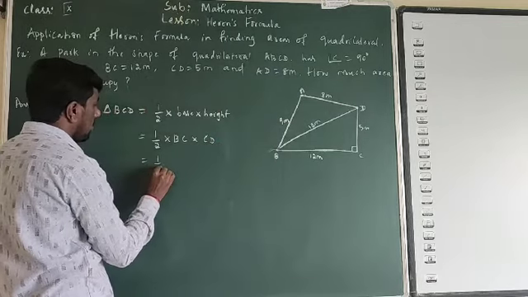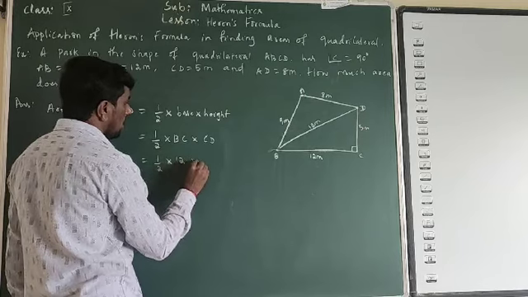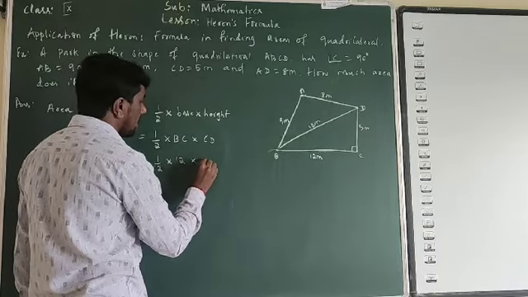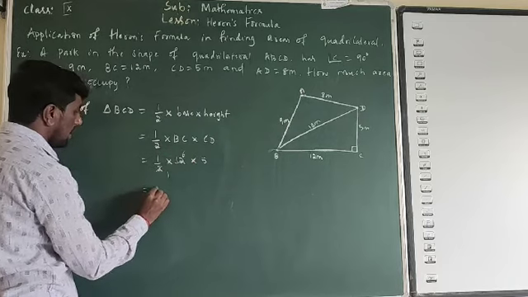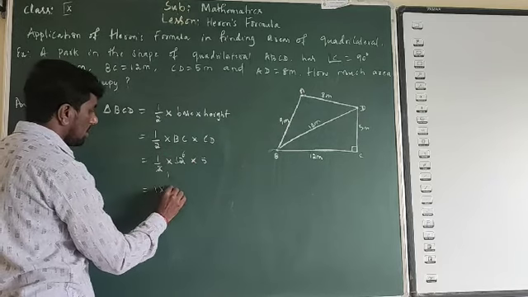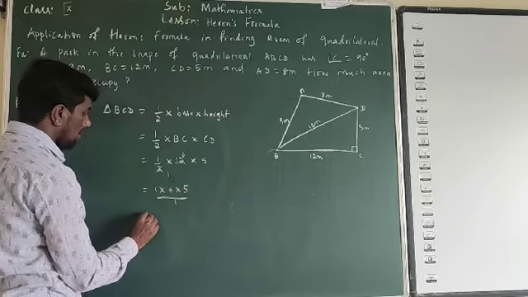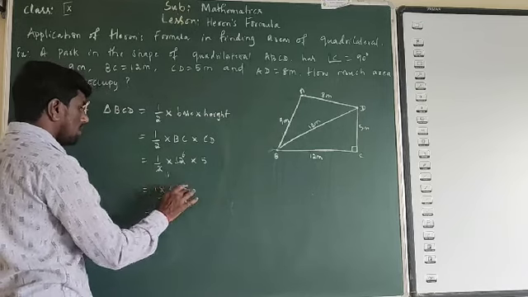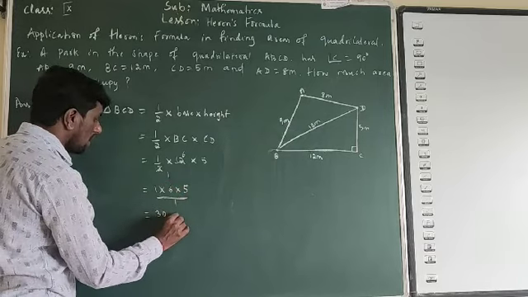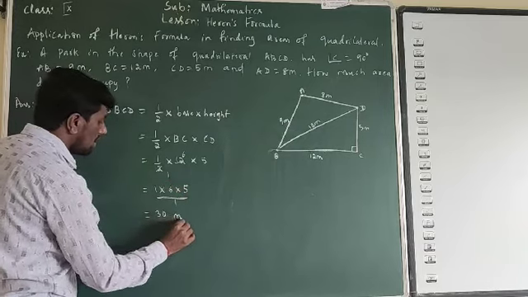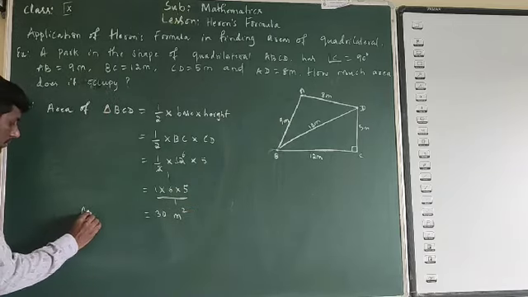So half into BC, BC is 12, into CD, CD is 5. So 2 ones are 2, 2 sixes are 12, so what is remaining? 1 into 6 into 5, the numerator, denominator is 1. So 1 into 6 into 5 is 30. 30 divided by 1 is 30. Since it is the area, it should be meter square. So this is the area of BCD.